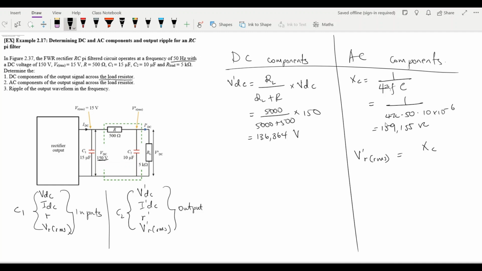We use the equation XC divided by the root of R squared plus XC squared, all multiplied by the input ripple RMS.